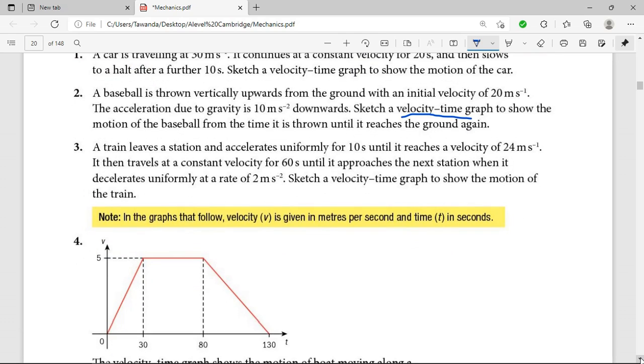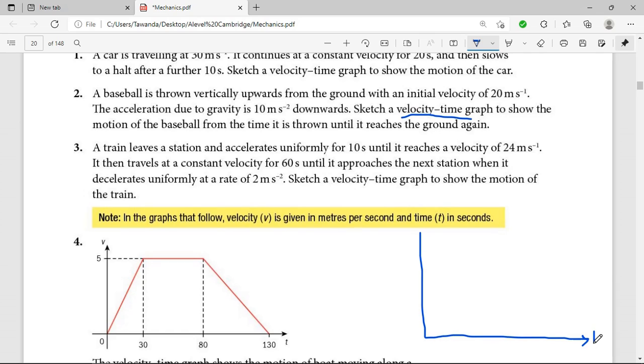So we are going to use the equations of motion to come up with a velocity time graph, where we have our x-axis, which is going to be t, and for the y-axis we have the value for the velocity.